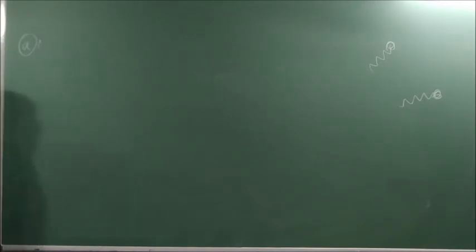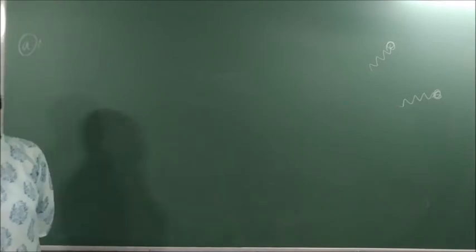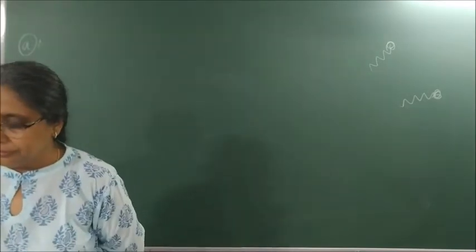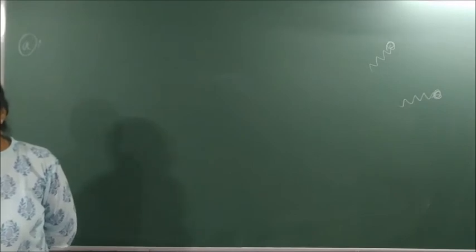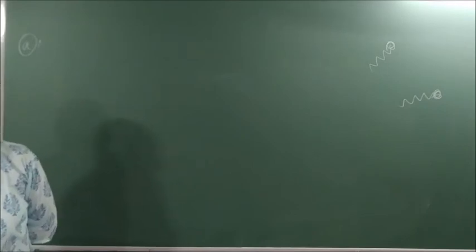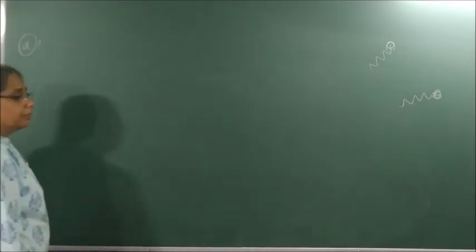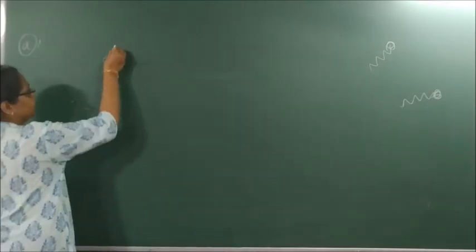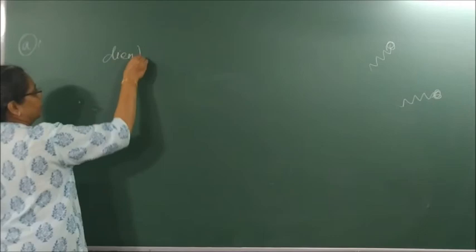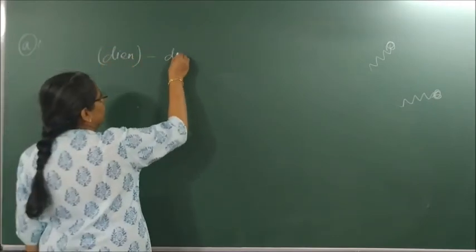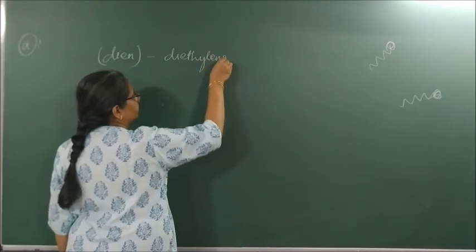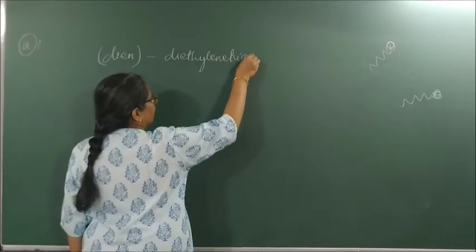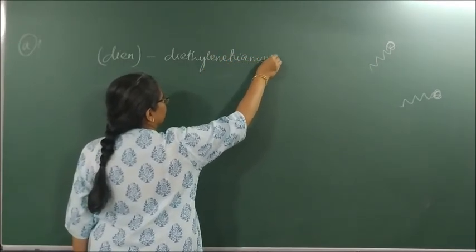Okay, now write neutral tridentate ligand. First one is DIEN. It is called diethylene triamine.